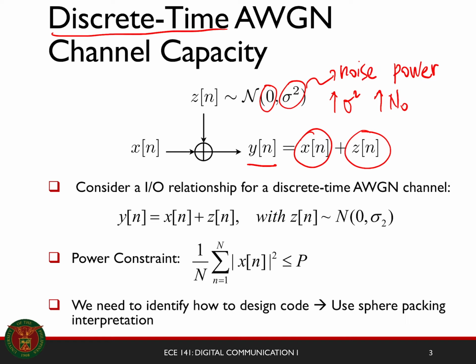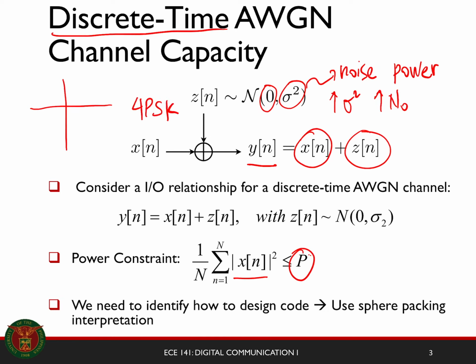Anyway, let's say we are working with some power constraint. You want your transmitted symbol's instantaneous power to be less than or equal to some value P. We have to design a code such that we are only limited by this power. Before we go there, just recall your symbol mapping, maybe your 4PSK.